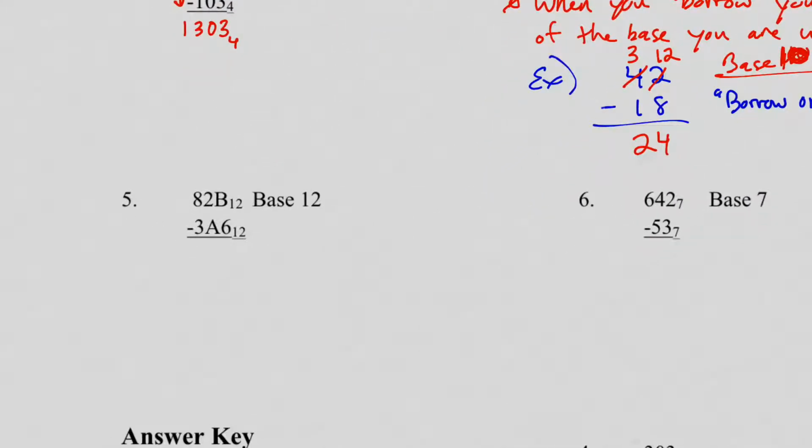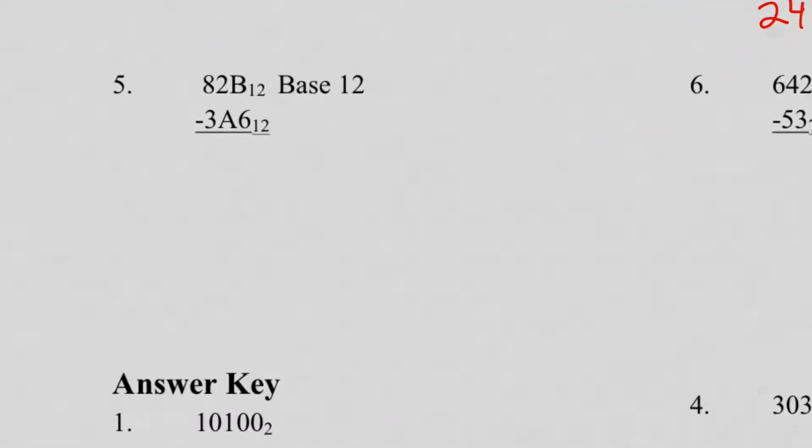Okay, let's take a look at number 5. So here we're going to borrow sets of 12s. We're in base 12. Okay, and also we have 0 through 9. Once you get to 10, that's actually A, because you only have one spot to write the numeral, and 10 is a 2-digit numeral.